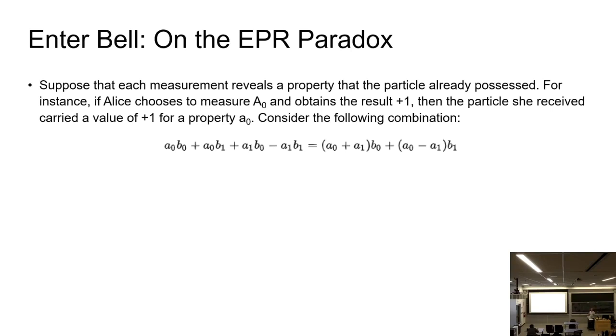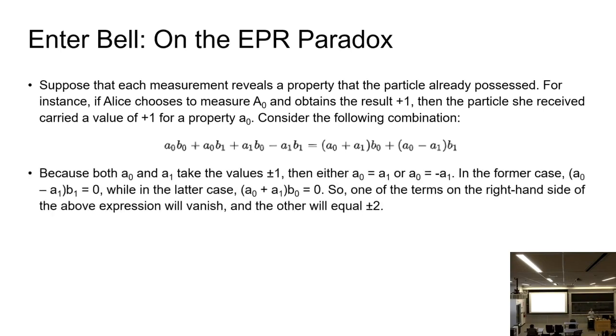So if we think about a combination of measurement outcomes from Alice and Bob, like this combination here, because both A0 and A1 take the values plus or minus 1, then either A0 equals A1 or A0 equals minus A1.